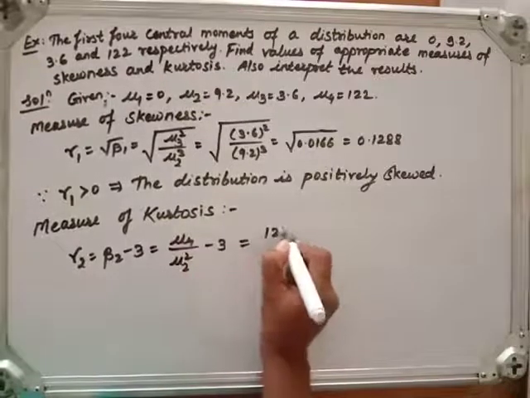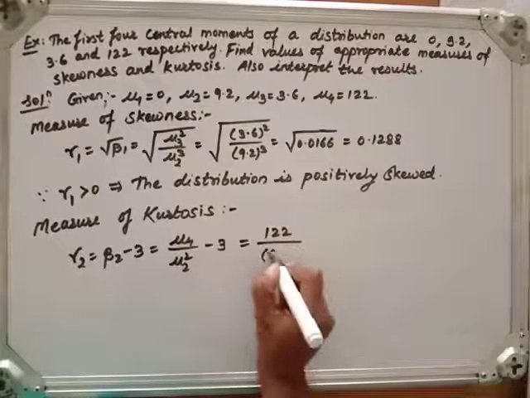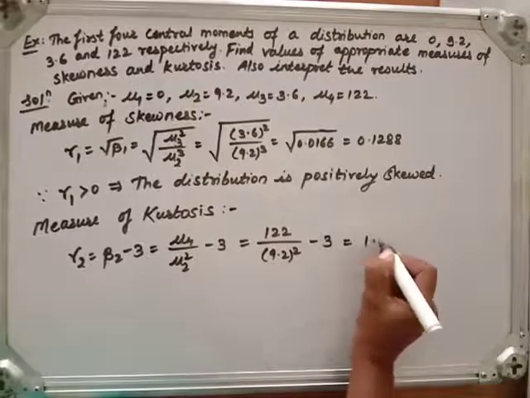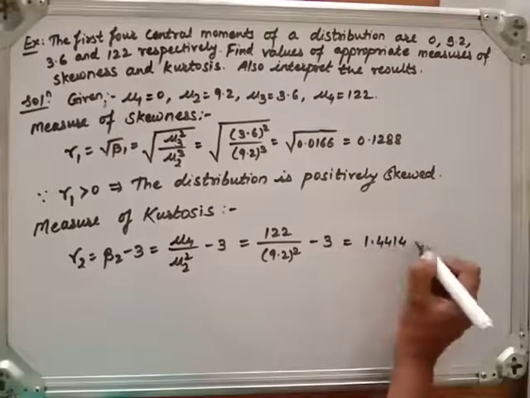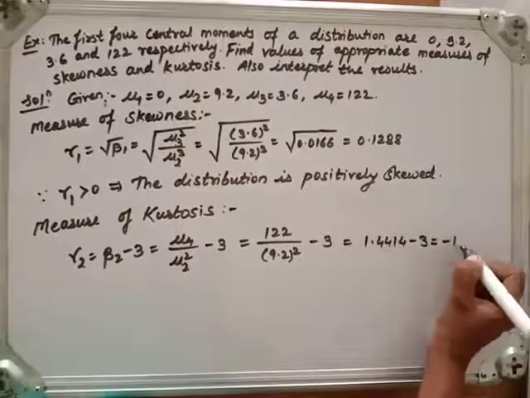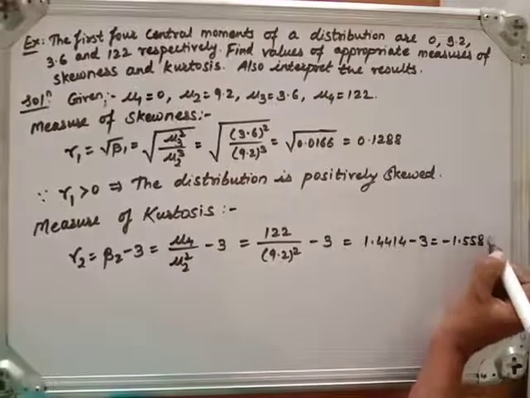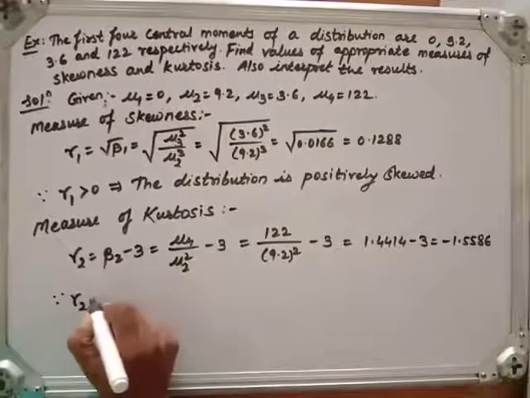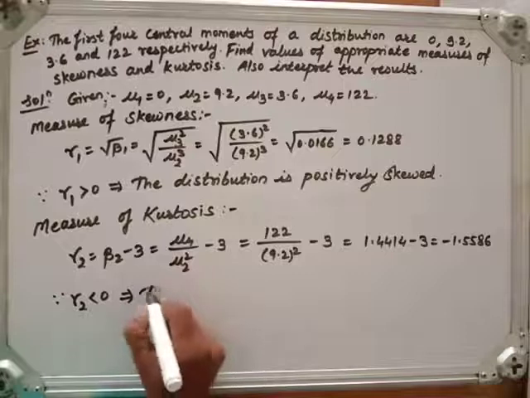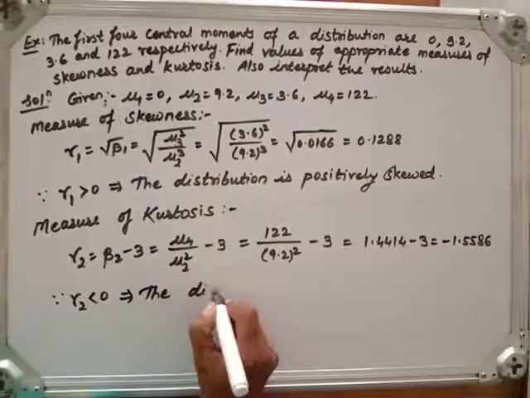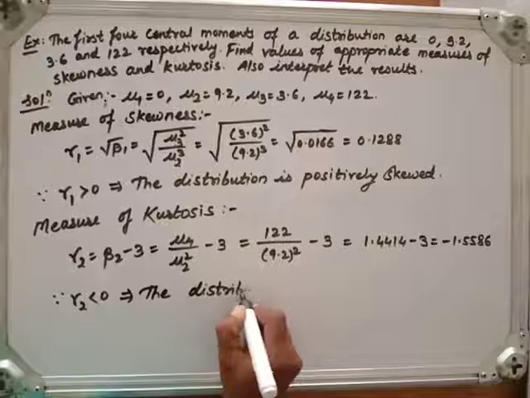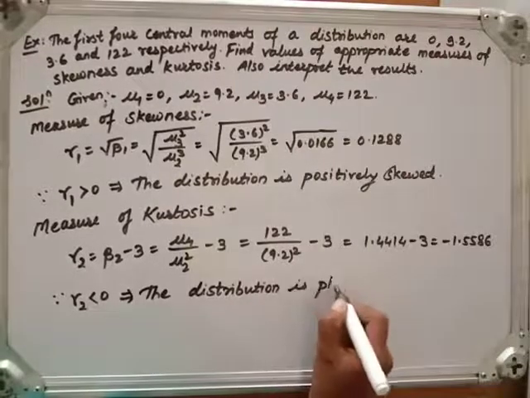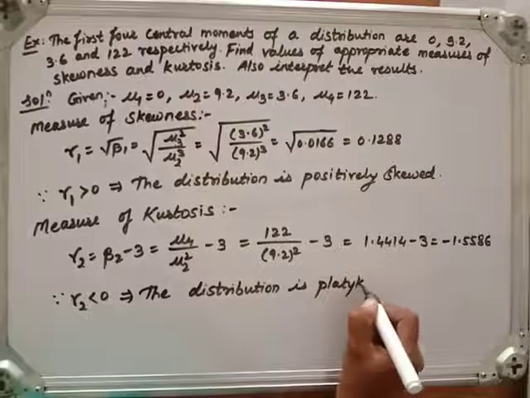So it is 122 upon 9.2 square minus 3, and that will be 1.4414 minus 3. So it is minus 1.5586. Now, as gamma 2 is less than 0, this implies the distribution is platykurtic.